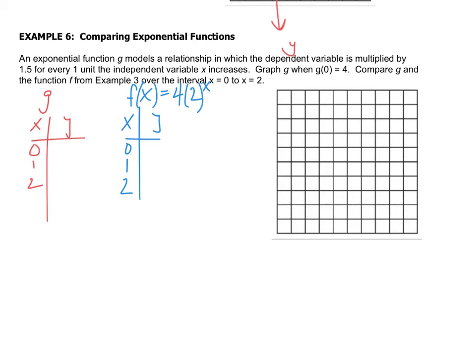Okay, so remember back to the f function, when we plugged in 0, that made the 2 become a 1, times 4 made 0, 4. When 1 went in, 2 to the first is 2, made it an 8. When 2 goes in, 2 to the second power is 4 times 4 is 16.